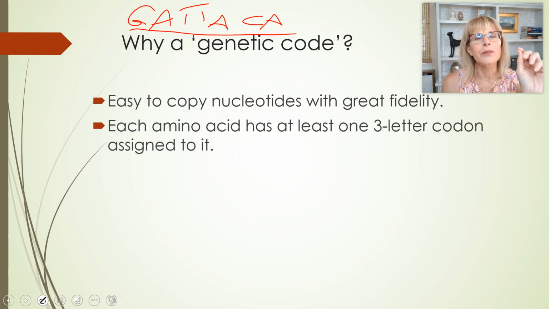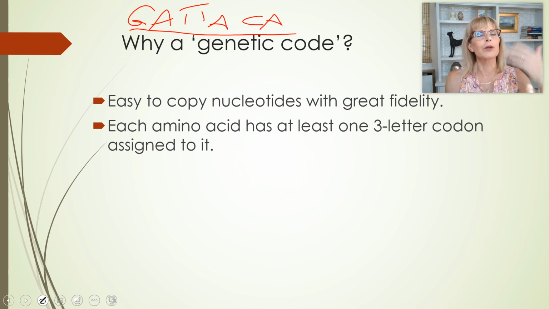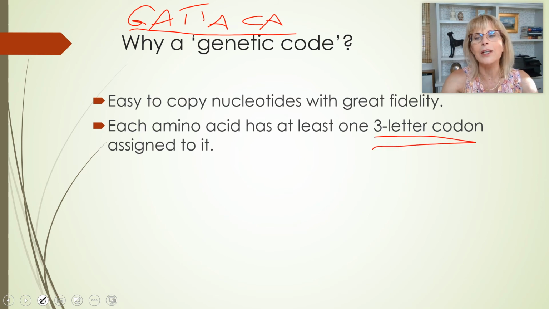Now, the problem is that if you had just one nucleotide for every amino acid, then you wouldn't be able to code for 20 different amino acids. You would have to code for only 4 amino acids, and that's not going to work. We've got 20 amino acids, and we've got only 4 nucleotides. So we use a genetic code, and we do that with things called codons.